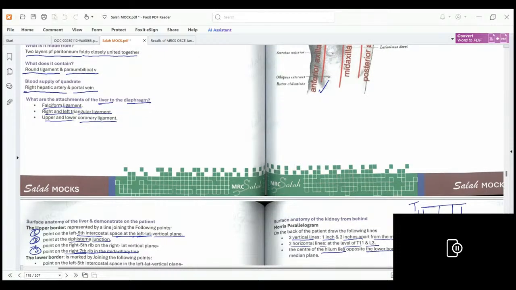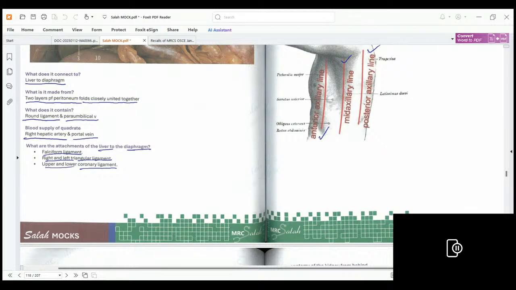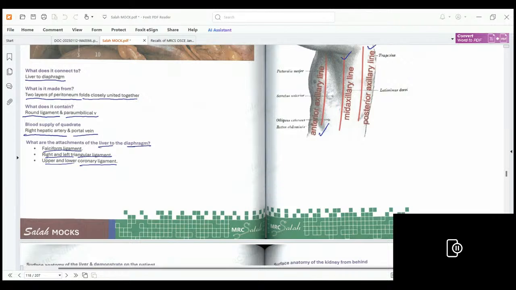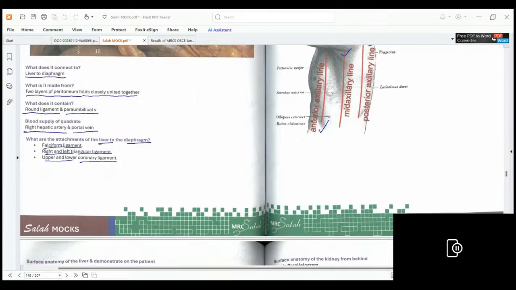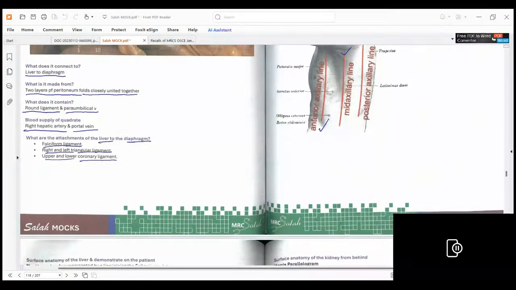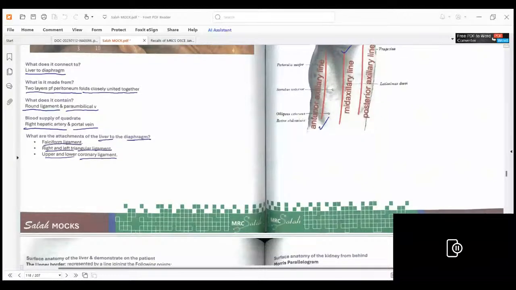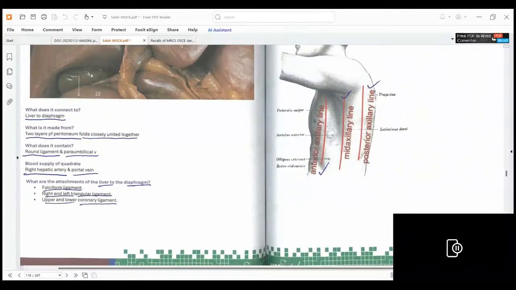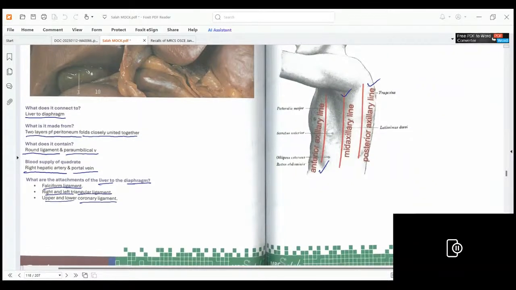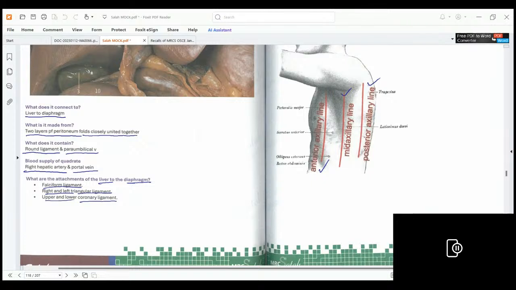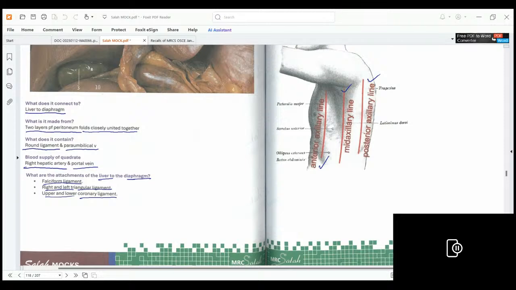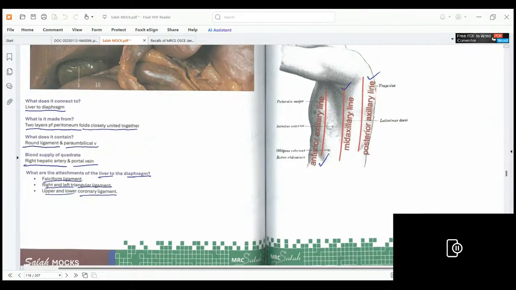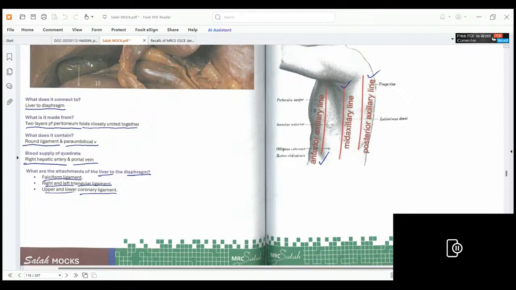Asma, do you have any idea how this one works? Yes, surface anatomy, but how will we... Do you know the answer? Krishna, do you have any idea?